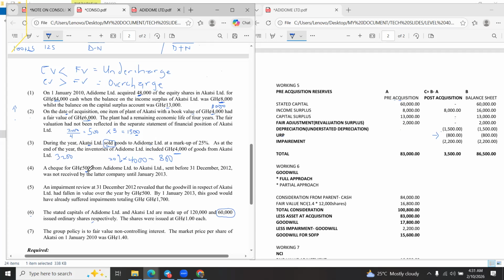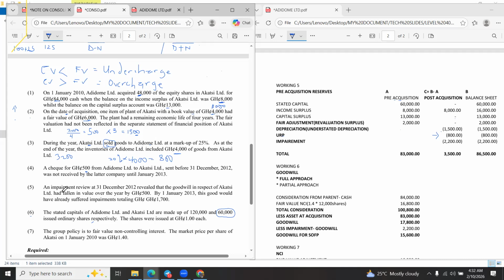The policy says that any intragroup transaction, cancel it. So why would I pay for goods that I bought from my subsidiary? They said cancel it. So we need to cancel it out. And then if I part away with money to pay them, canceling it out is the reverse entry. Okay, that's fine.